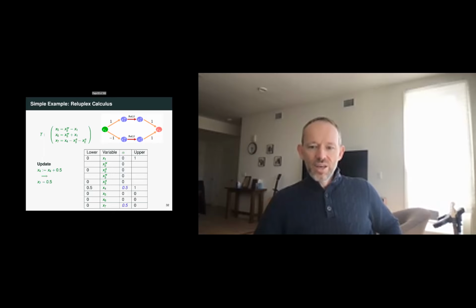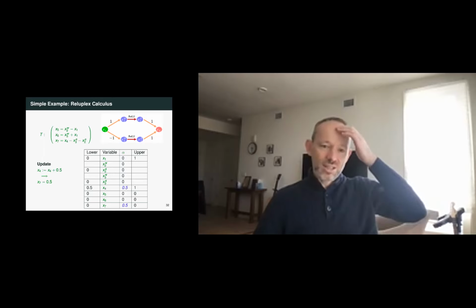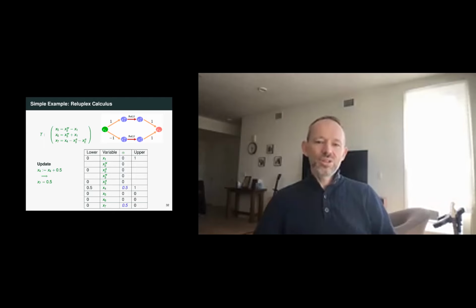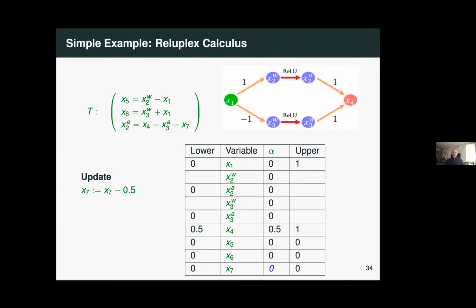Except then that's gonna change x7 because of the equation that x7 depends on x4. So x7 is a basic variable. Okay, so now x7 is out of bounds. So how do we update that? Well, first we have to pivot it. So we pivot with x2a, and now we can update x7 and bring it to 0, which is within bounds. But that implies that x2a is 0.5.